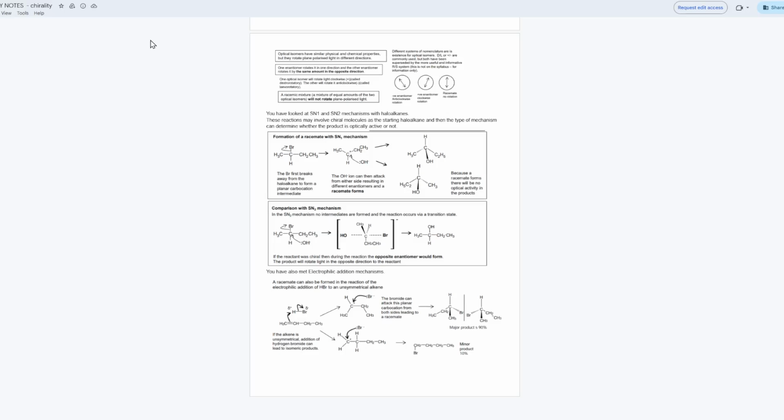That's not what I'm thinking. The produced isomer is optically active because the mechanism is SN2.